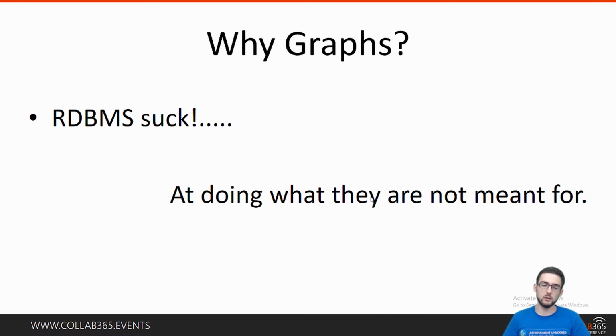Sure, relational database management systems came later with foreign keys and joins and stuff like that. But at the beginning, RDBMSs were not meant to store highly connected data. So that's why everybody right now is investing in new graph database management systems, new graph APIs and so on. So that's one of the reasons.